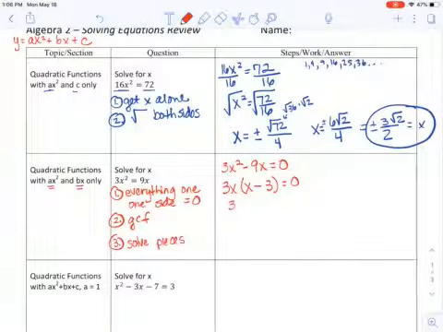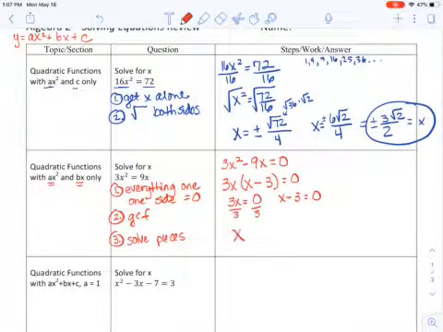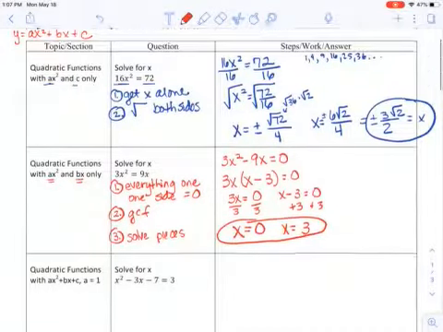And how do I solve the pieces? Well, if this is true, either 3x is 0 or x minus 3 is 0. So x is 0 and x is also 3. And on here, I'm not worried about extraneous solutions yet.